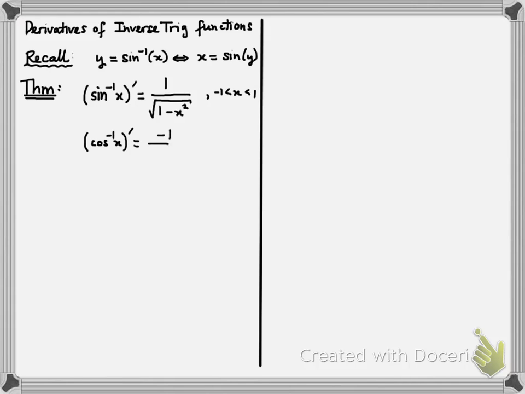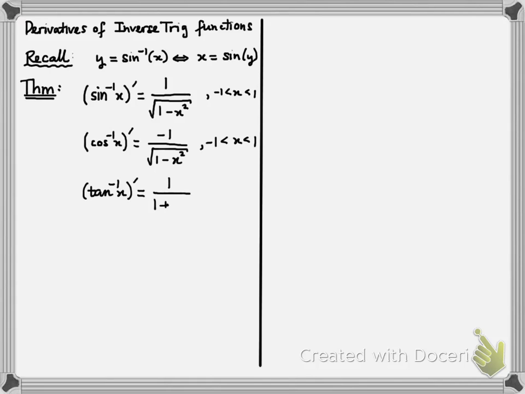Similarly, the derivative of cosine inverse is negative 1 over square root of 1 minus x squared. Again, x cannot take the values of negative 1 and 1 because we have 1 minus x squared in the denominator of the derivative formula.